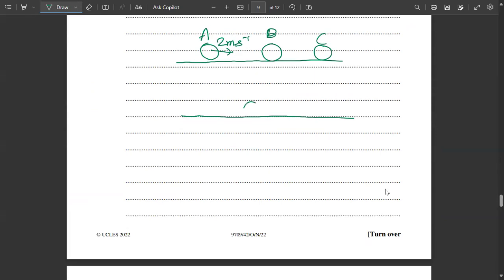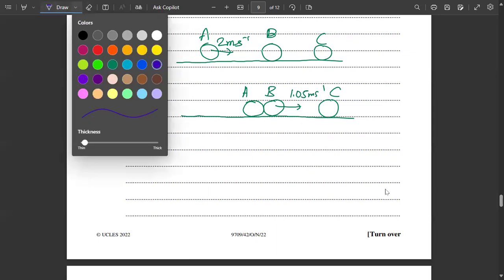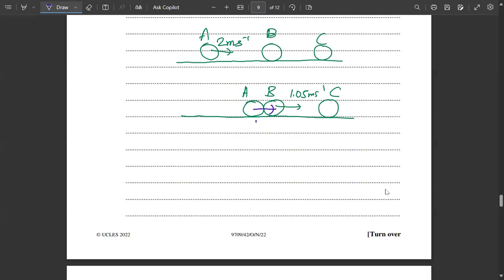After A comes here, B starts to move at a speed of 1.05 meters per second, and A starts to move at a speed of 0.6 meters per second.